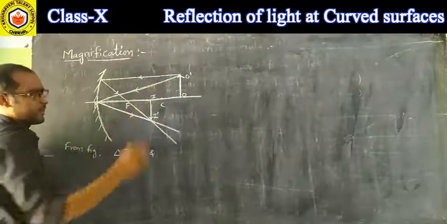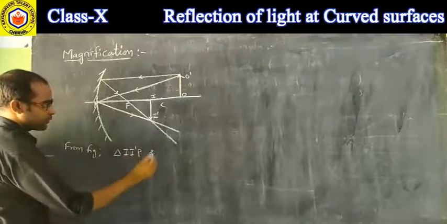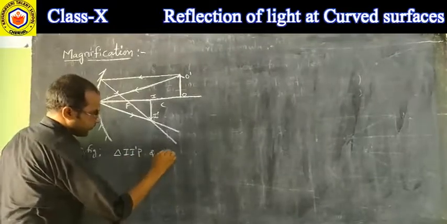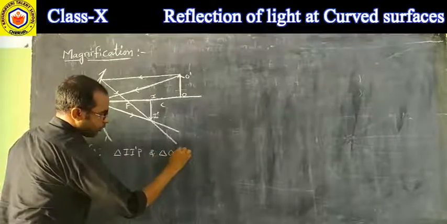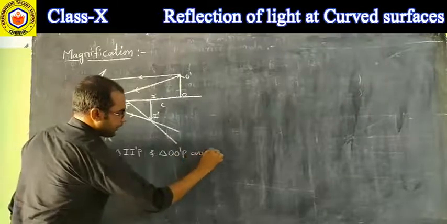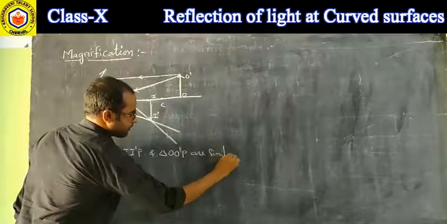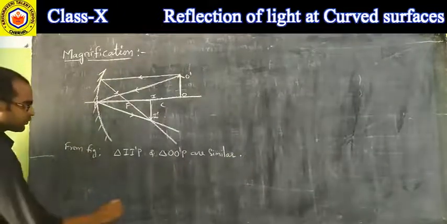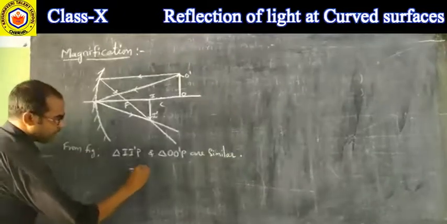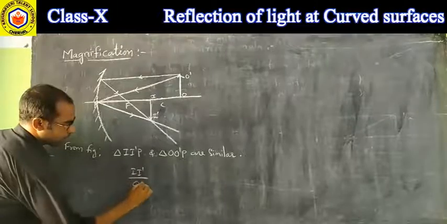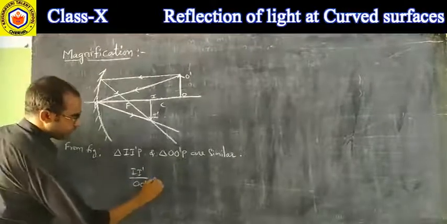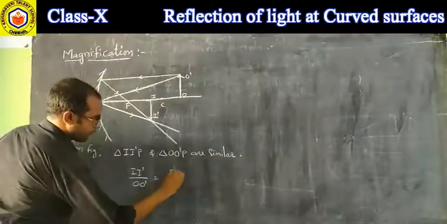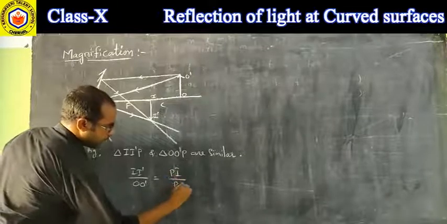These two are similar triangles. So from similar triangles we can write I dash by O dash equals Pi by Po.